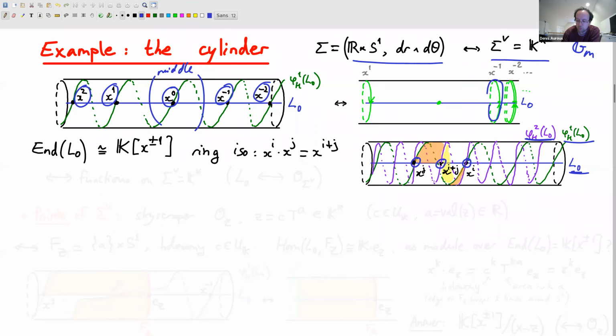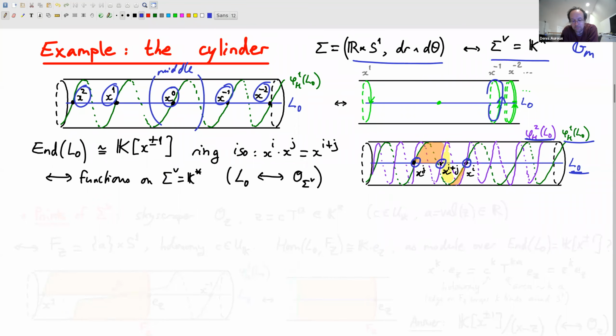In terms of these chords in the theta direction, we're just saying that multiplying a chord that goes i times around with one that goes j times around gives you one that goes i plus j times around. And that's not very geometric, but it's actually easy to check by writing Floer's equation. All right, so why is this good?